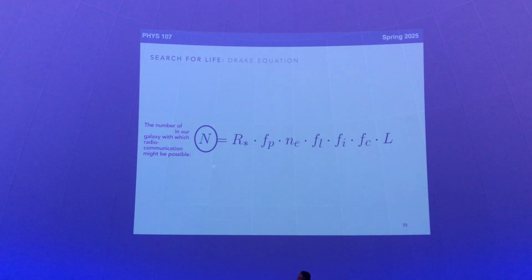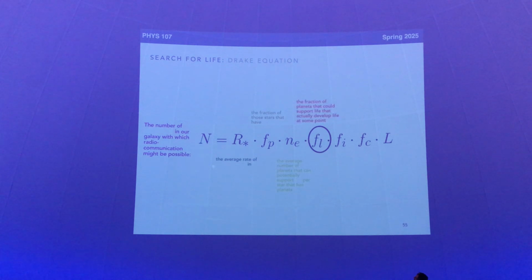Okay. I want to know how many of all the stars that I can see, and know that there are, could actually give me a radio communication, a Wi-Fi signal, you name it. Well, what I do is I take the average rate of new stars, the fraction of those that have planets, and then the average number of planets in each solar system.